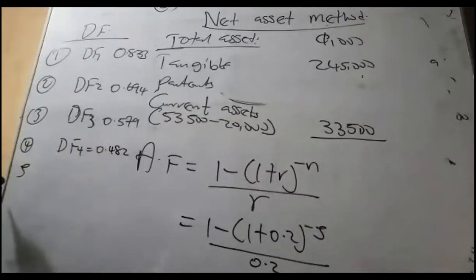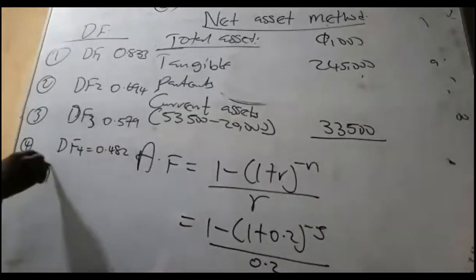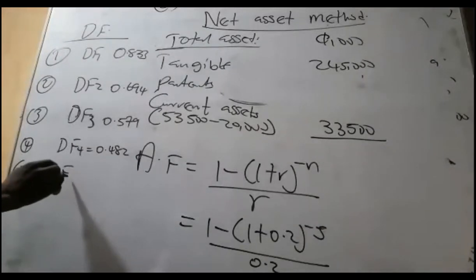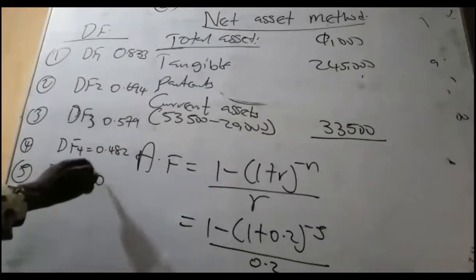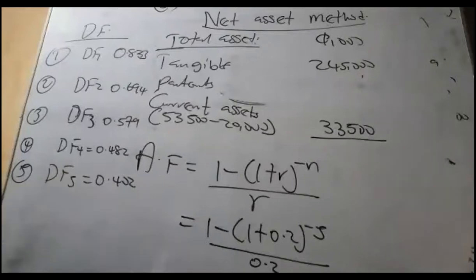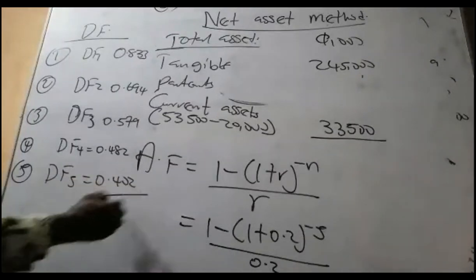And then discount factor for year 5 at 20% will be 0.402. Now sum all up.